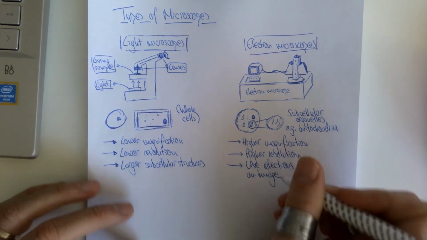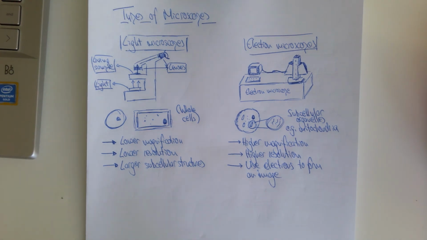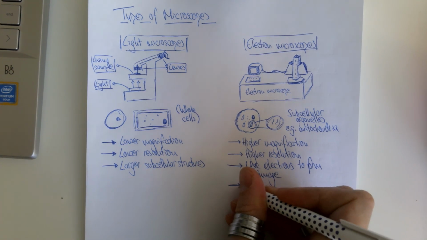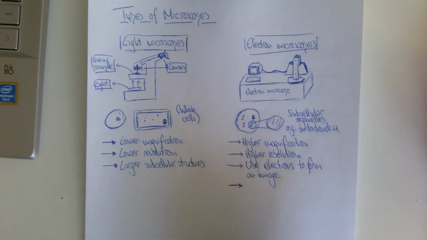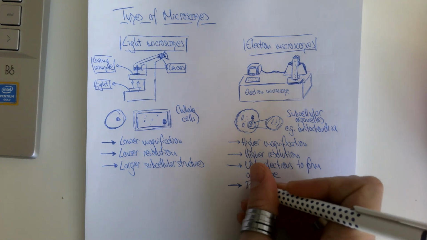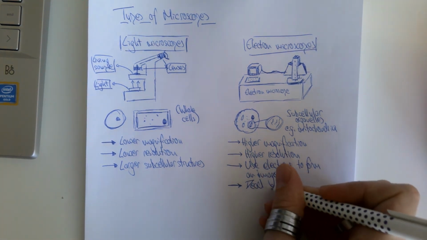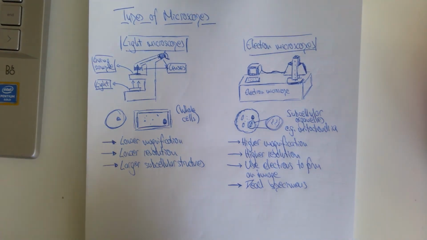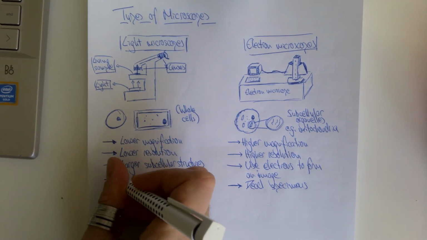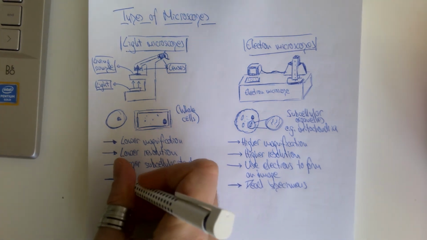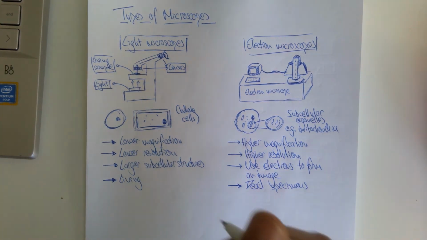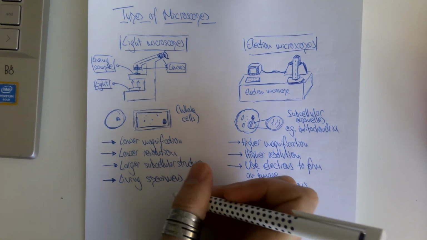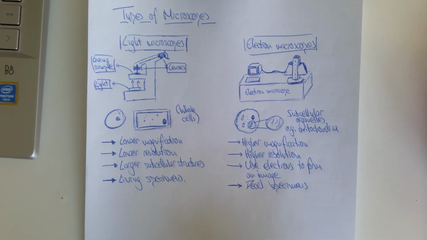But because these electrons are fired at specimens, and they're charged particles and can have the potential to damage specimens, you can only actually view dead specimens on electron microscopes. You can see them in a much greater level of detail, whereas on light microscopes, because you're only shining light onto specimens, you can actually look at living specimens underneath light microscopes.